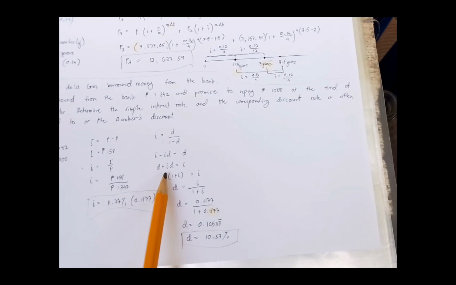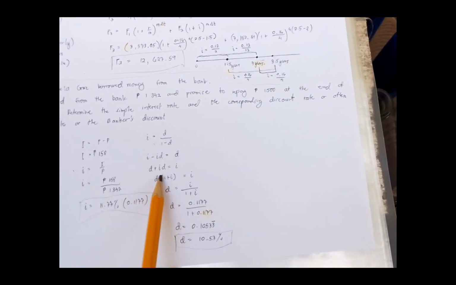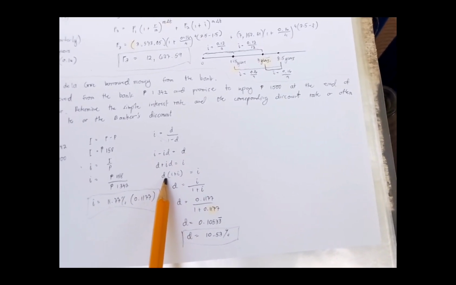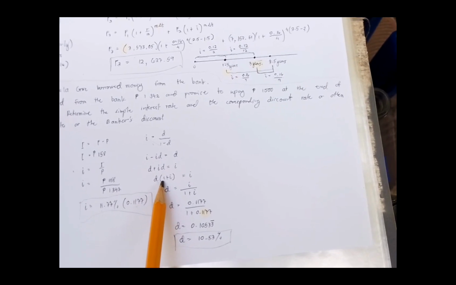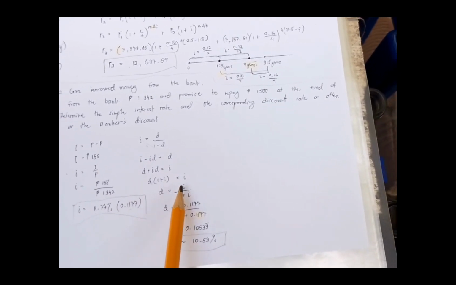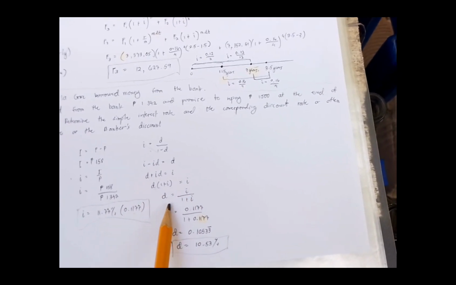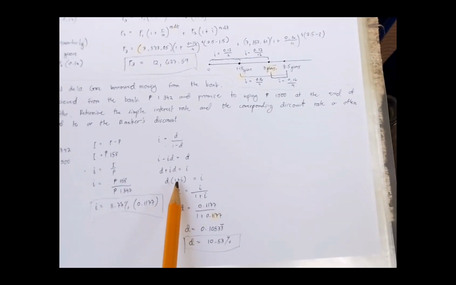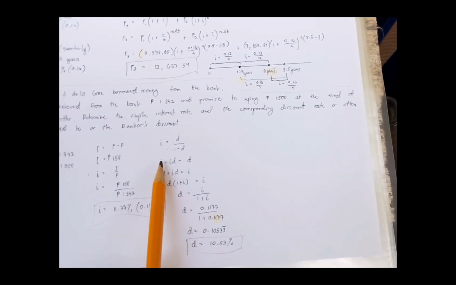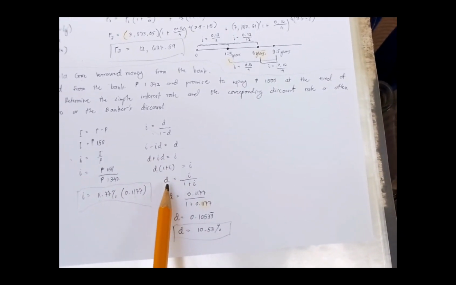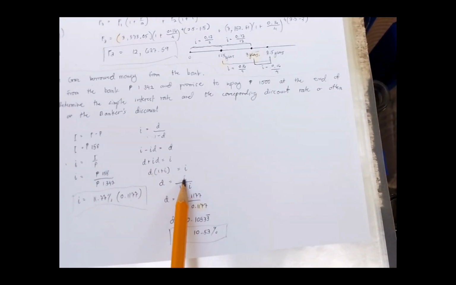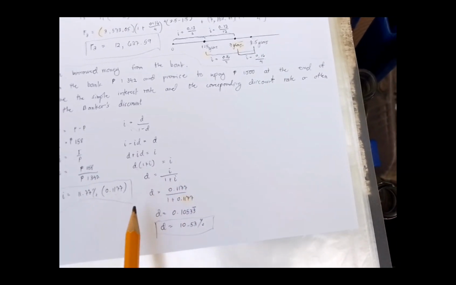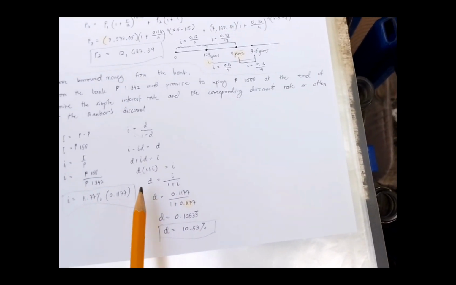Then isolate, or factor out D. After factoring out, divide both sides so that we can isolate D and we can get its formula, D equals I all over 1 plus I, simple interest, and simply substitute.